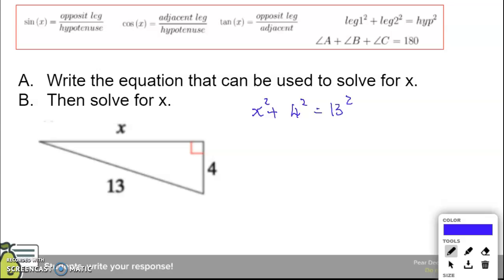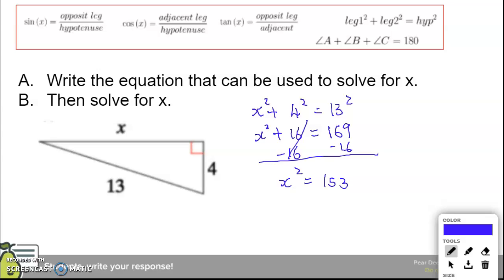So x squared plus 4 squared, which is 16, is equal to 169. Then subtract 16 from both sides, which leaves me with x squared is equal to 153.